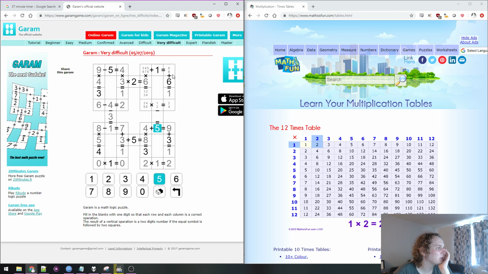Okay, so this is the part that's wrong. Because if this is 5, then this has to be 1, right? Because this has to be at least 5, okay? Right? And then that means that this has to be 1. Which means there's nothing times 6 that's 11 that ends in 1, I mean.